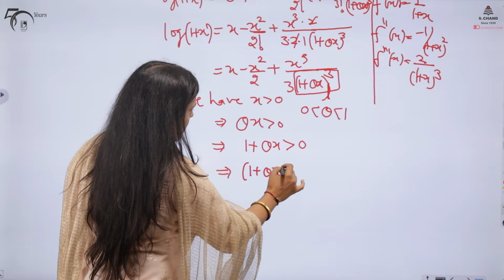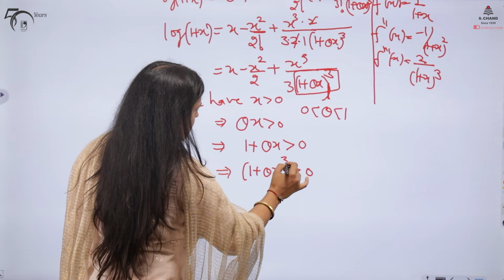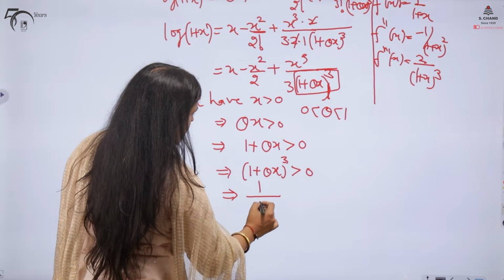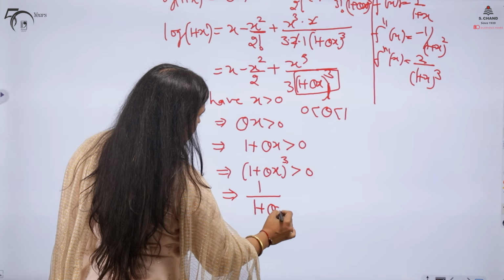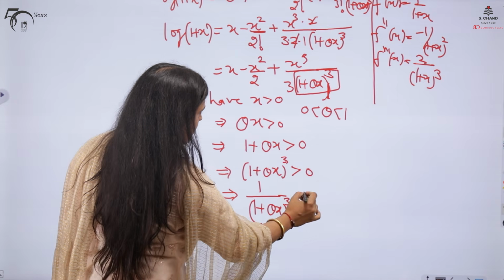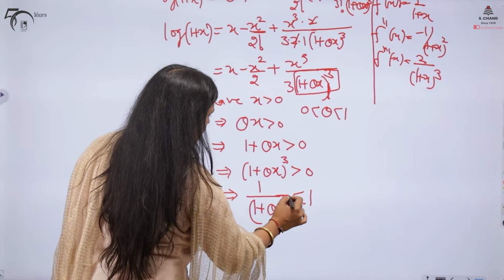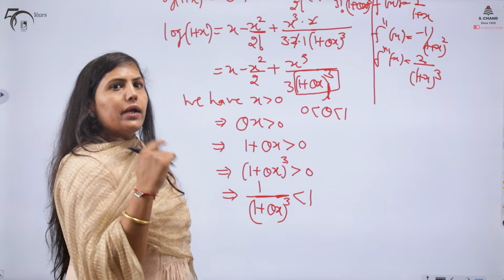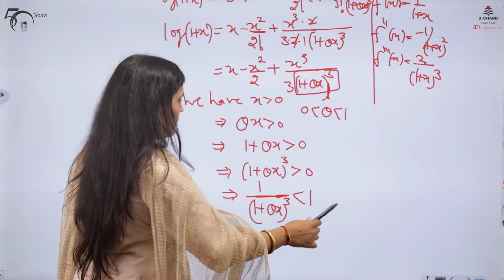There is no chance that the cube will become negative. Now, if this number is greater than 0, then 1 upon 1 plus theta x whole cube, because now you are taking it in the denominator, will be less than 1. This is for sure. If any number is greater than 0, then 1 upon it will be less than 1.